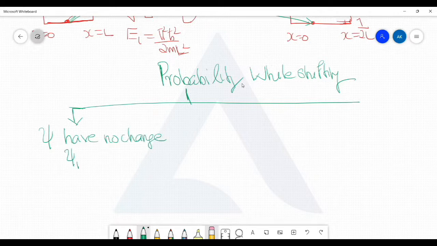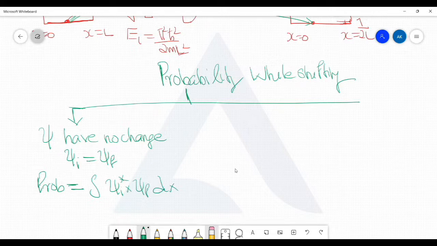That is, initial wave function is equal to final wave function. Then I can directly write the probability, which is integral psi initial star psi final dx.